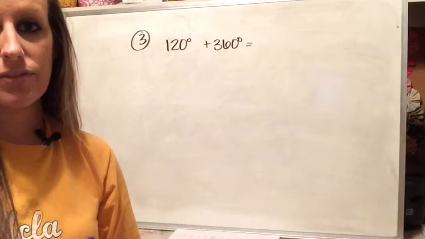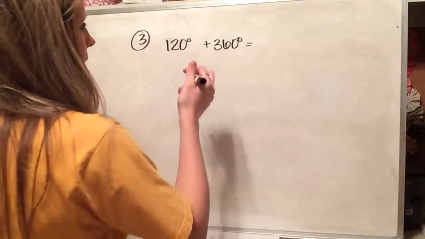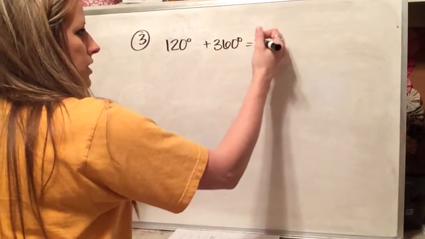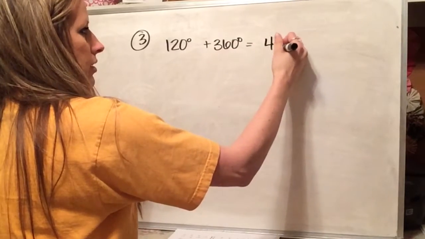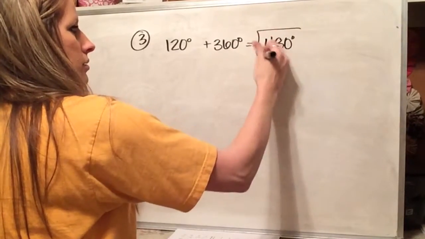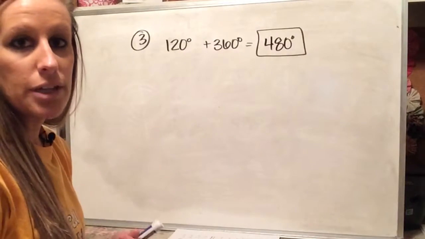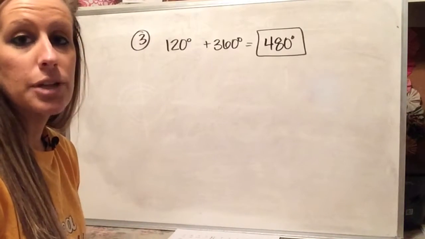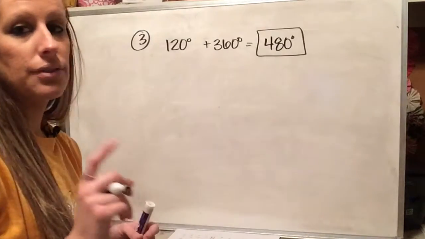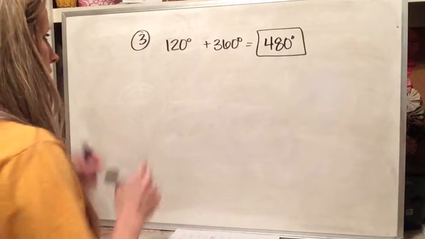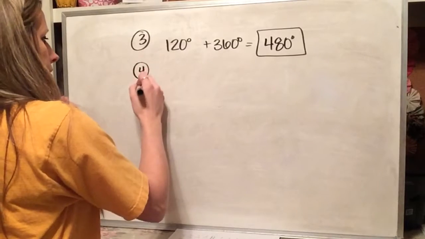But if it doesn't specify, you can do whatever you want. So 120 plus 360 gives me 480 degrees. So on that first section, keep it in degree measurements. So either add or subtract 360, but you're only going to find one coterminal angle for 4 and 5.